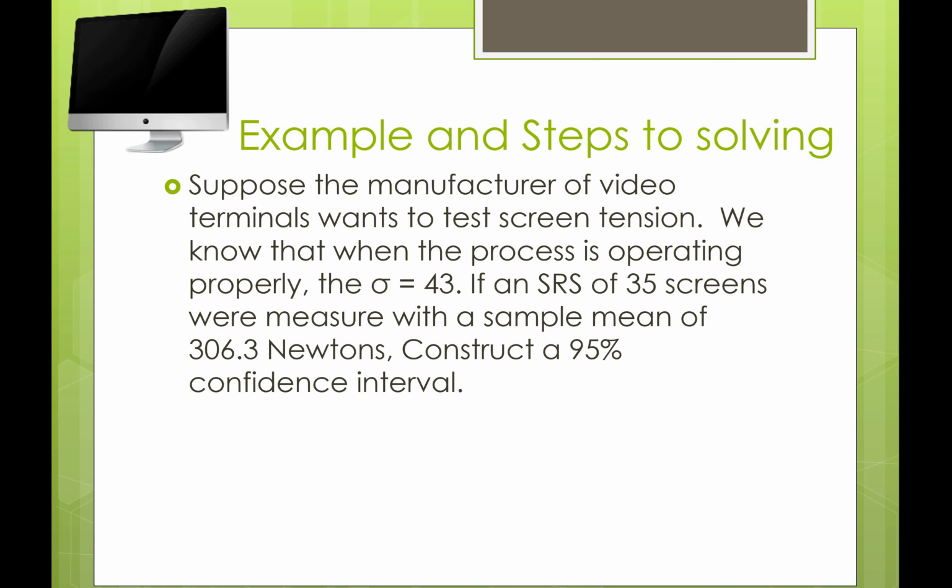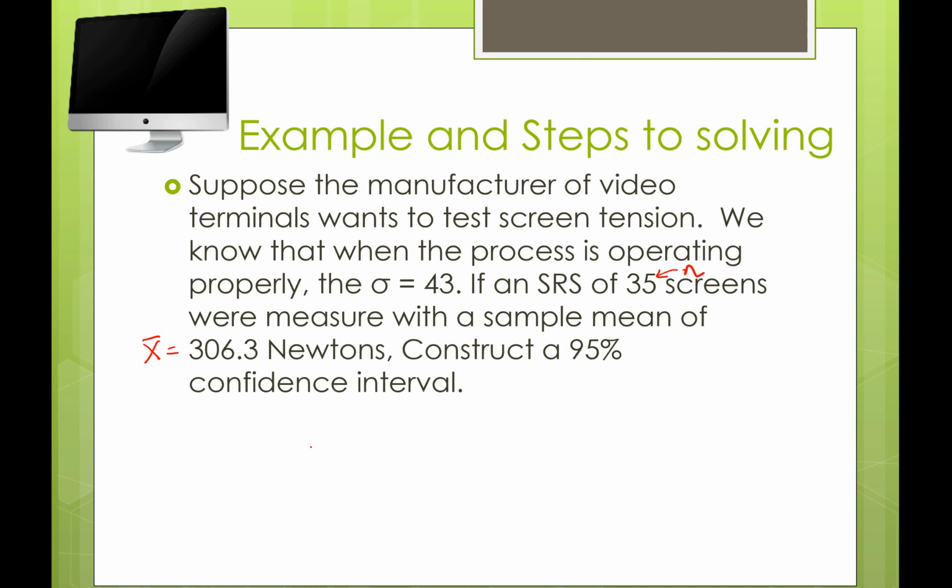We're taking a random sample of 35 screens, and the sample mean is 306.3 newtons, so that's our x bar, and that's our n. And we want to construct a 95% confidence interval.